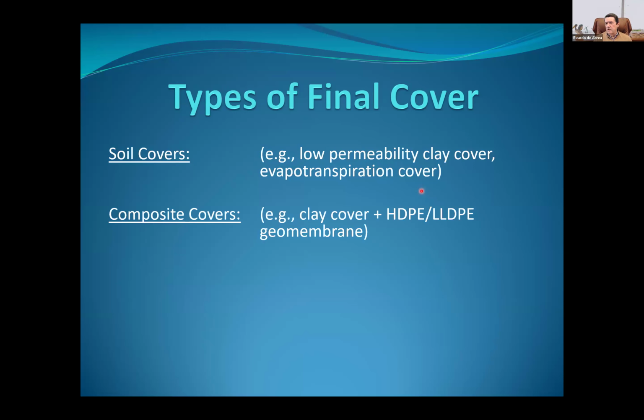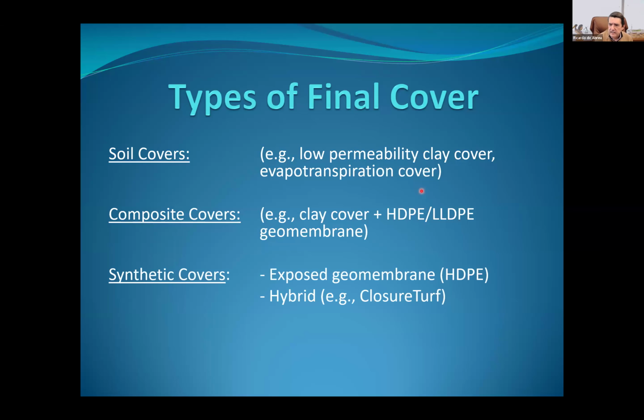You can also have composite covers. This is one of the most common: a clay cover, a low permeability layer, and an HDPE or LLDPE geomembrane, a plastic geomembrane. I'm not going to talk much about composite covers, even if they have geosynthetics. I think what is getting more in trend right now is the use of synthetic covers, where the main component is a geosynthetic.